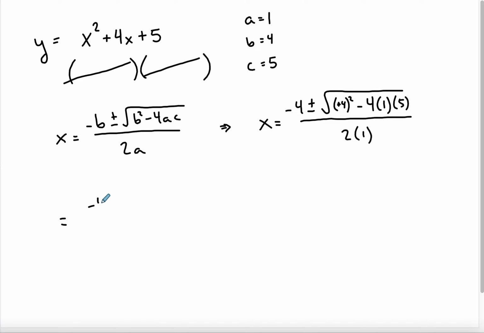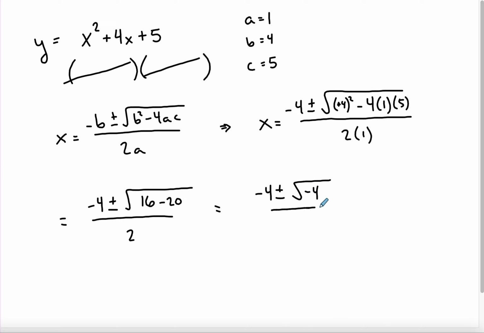So we have negative 4 plus or minus the square root of 16 minus 20 divided by 2, equals negative 4 plus or minus the square root of negative 4 divided by 2. Oh no, right?